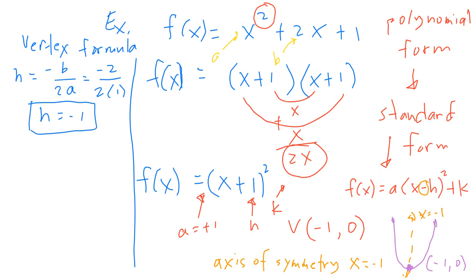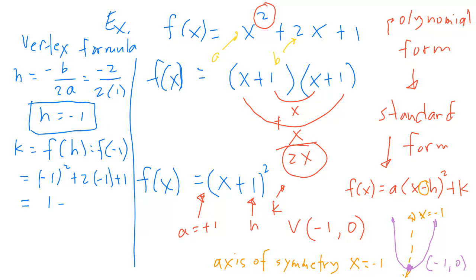And then looking for our k, it is f of h, and that is equivalent to f of -1. So you're just plugging -1 into your equation. So that would be (-1) to the power of 2 plus 2 times negative 1 plus 1.